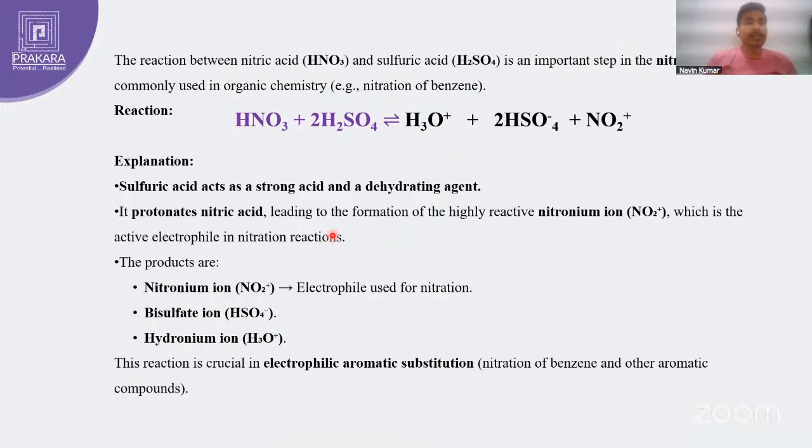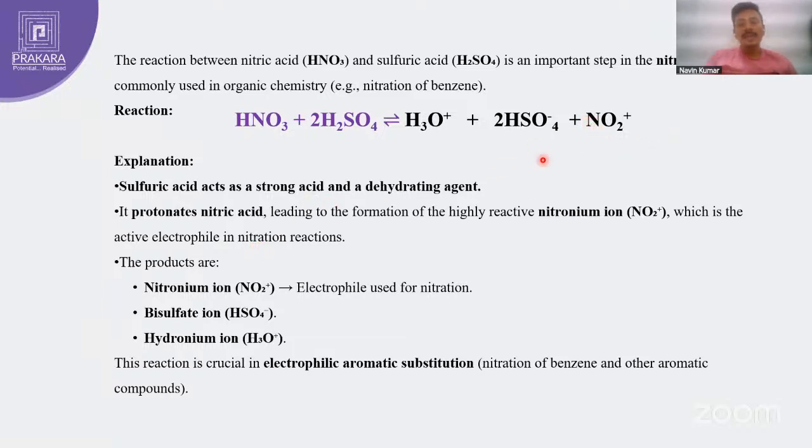Here is a detailed explanation about this reaction. Basically, in nitration, sulfuric acid acts as a strong acid as well as a dehydrating agent, which leads to the formation of the nitronium ion. This nitronium ion is an electrophile in the nitration reaction.